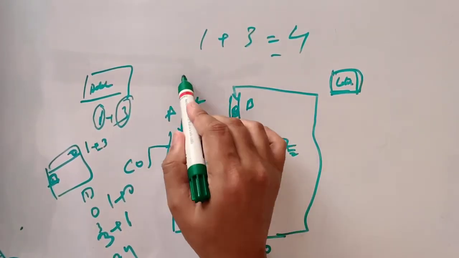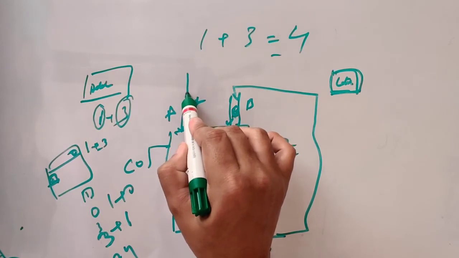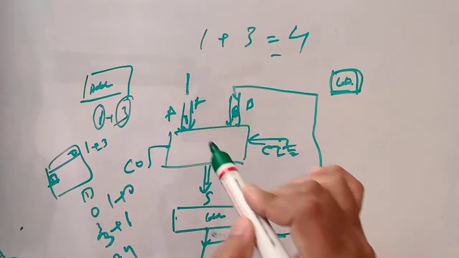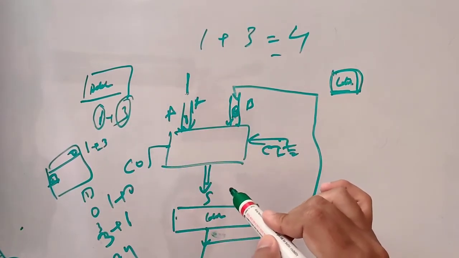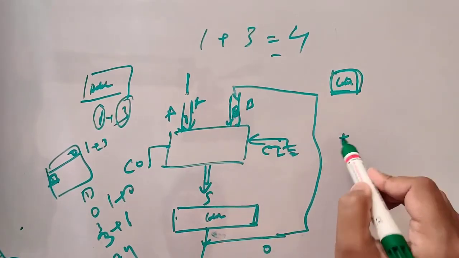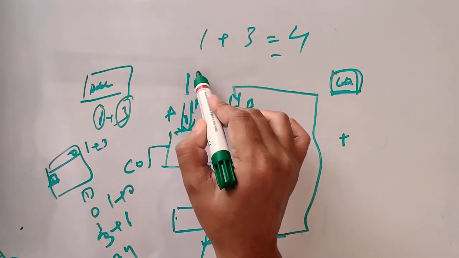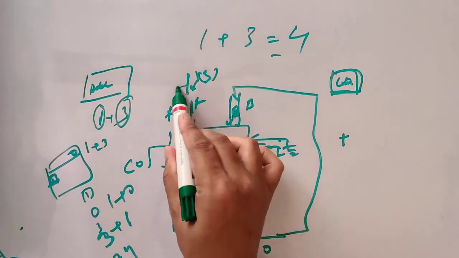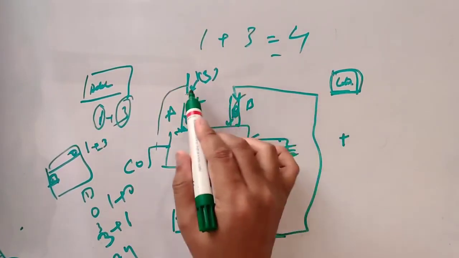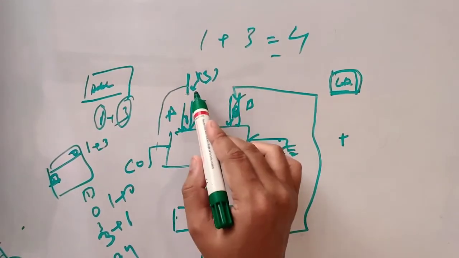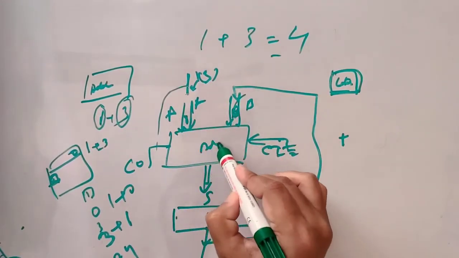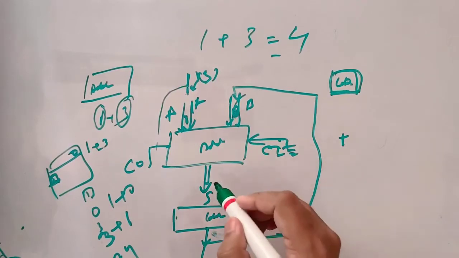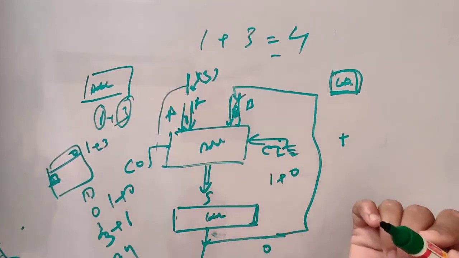First we enter 1, because in a calculator also we enter 1, then we press the addition sign, and then we press 3. So 1 should get stored somewhere, and when 3 is pressed, there should be an addition of 1 and 3. First there should be an addition of 1 and 0.